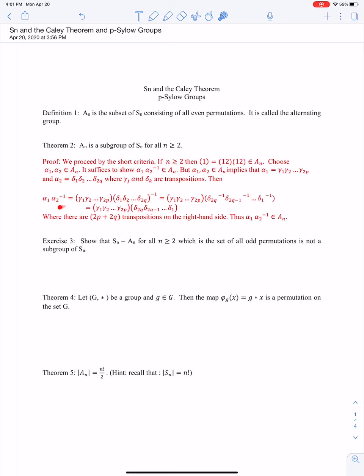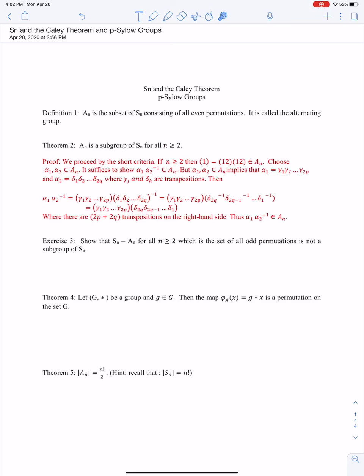Now I look at this product, which I have to prove is in An. What's the product? It's gamma 1, gamma 2, dot dot dot, gamma 2p times the inverse of alpha 2, which is the inverse of that, right? That is this, the first part. And how do I take inverses? I reverse the order and take the inverse of each one.